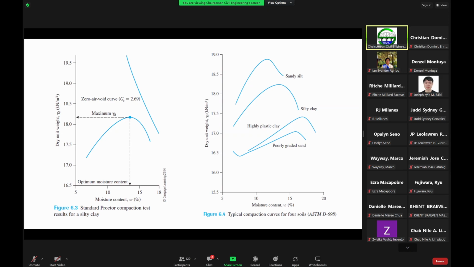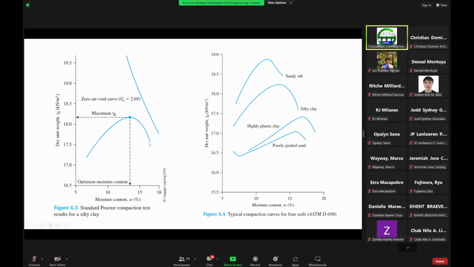Here at the bottom, you have the moisture content, and in this axis, we plot the dry unit weight after oven drying the sample. Then you plot this curve.